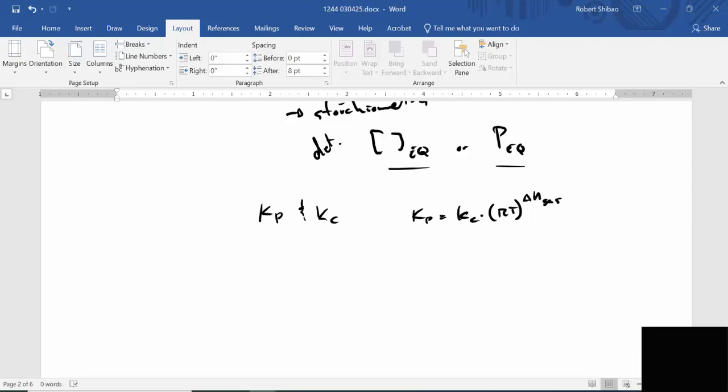If delta n of gas is 0, let's say you have 2 moles of gas on the left and 2 moles of gas on the right, there's no change. Then Kp and Kc are the same numerical value, but they mean different things. For Kp, you have to use the pressures, not the concentrations. For Kc, you have to use the concentrations, not the pressures.